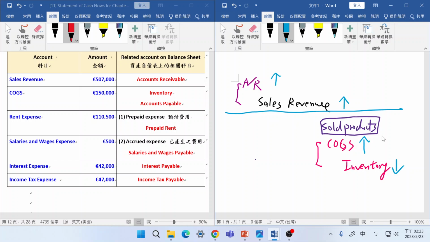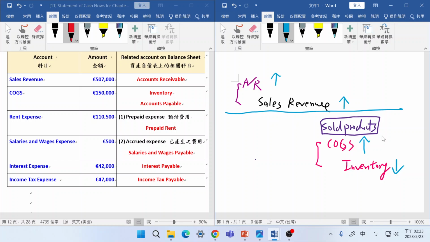But you know, only cost of goods sold and only inventory, these two accounts cannot help us to find out cash outflows. It's not enough. That's why we need to find another account which will help us find out cash outflows.